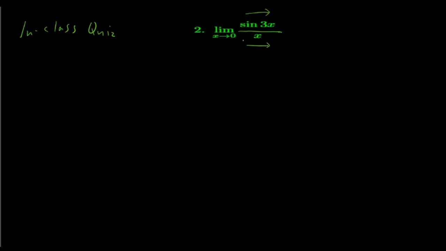As x goes to 0, the denominator goes to 0, of course, right? And also the numerator: you plug 0 into the sine function, so the limit of the numerator is sine of 0, which is equal to 0. So it's indeed a limit of type 0 over 0.